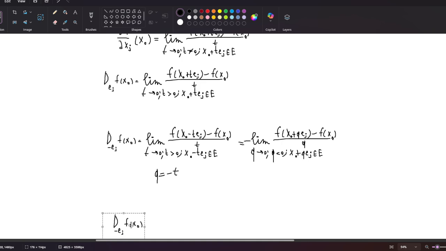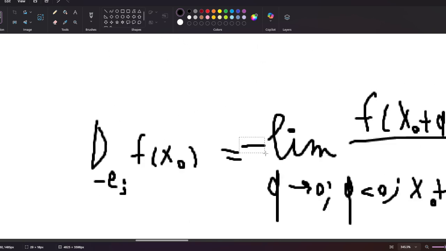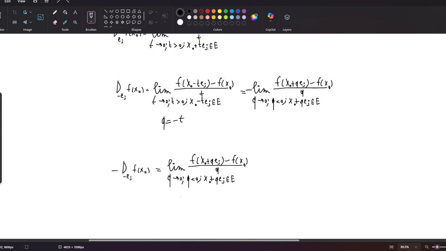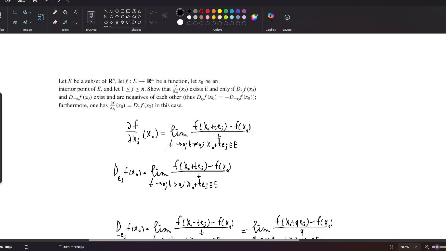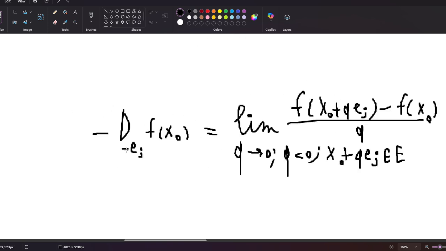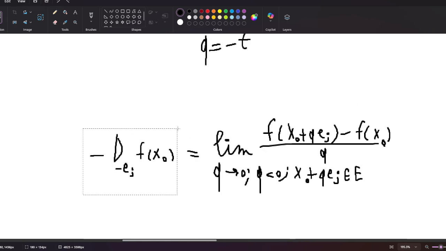Now let's go back to the original notation of it, and we have this equality where we can just juggle the minus sign to the other side. We got that the right-hand side limit for this one is going to be equal to minus the directional derivative, where the direction is minus ej.